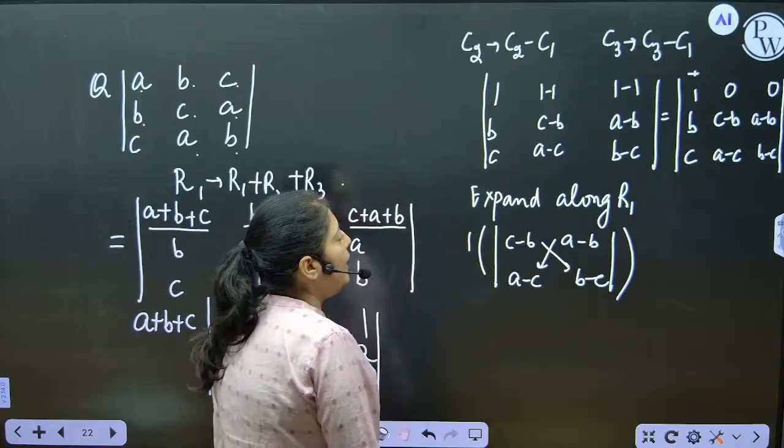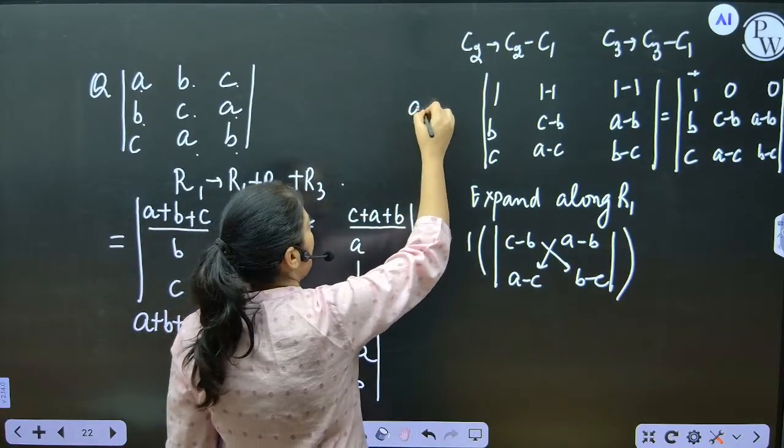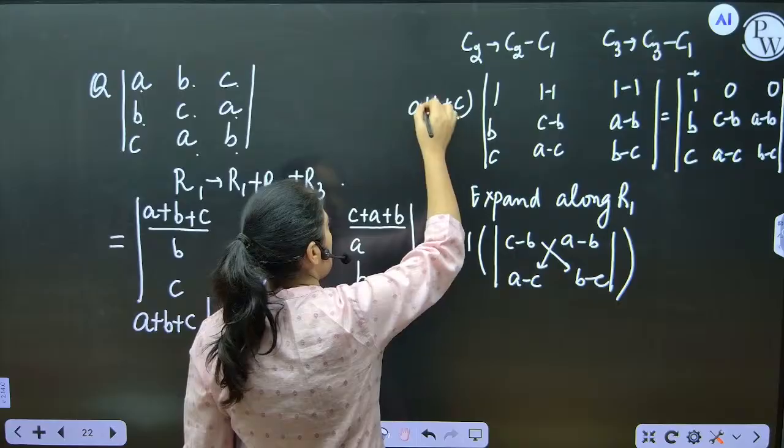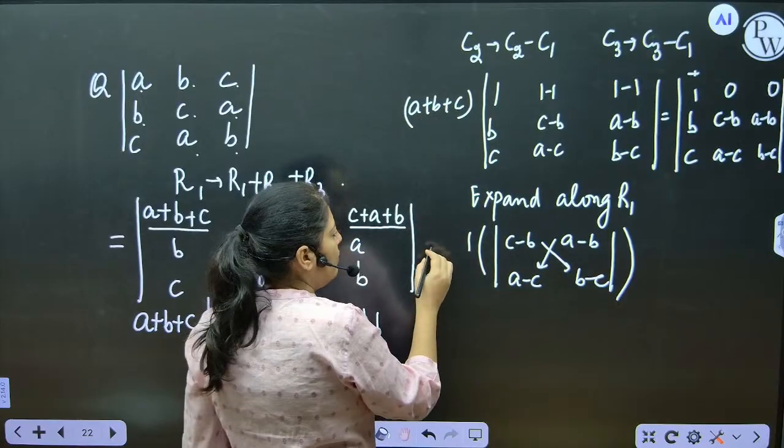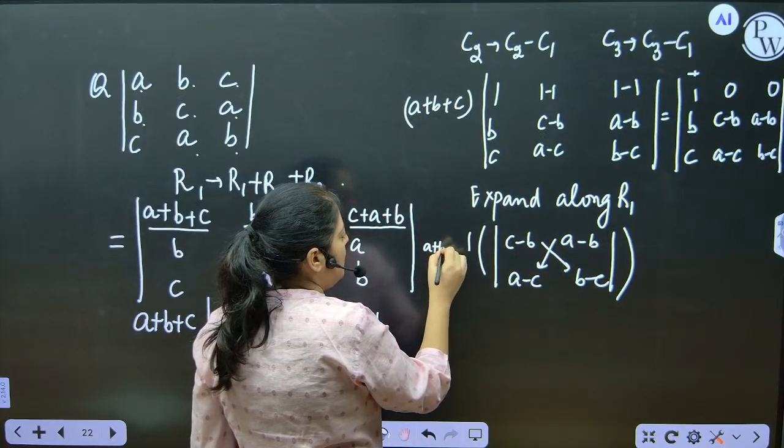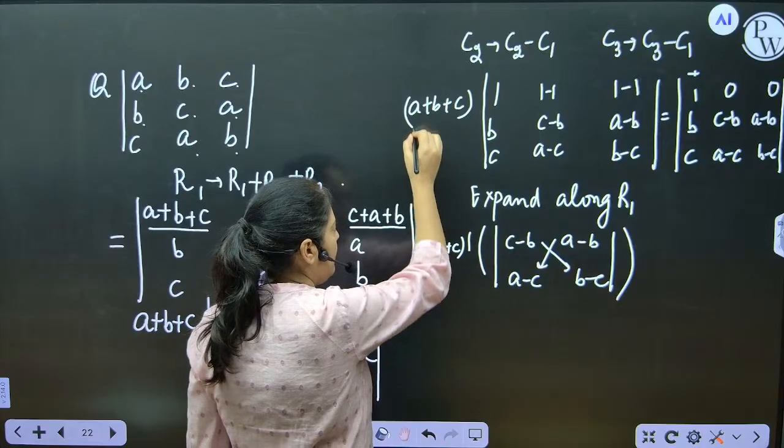Diagonally multiply, and A plus B plus C is going outside.